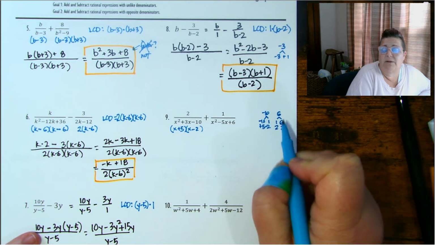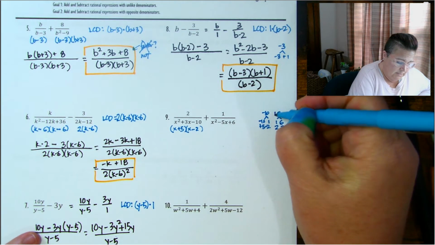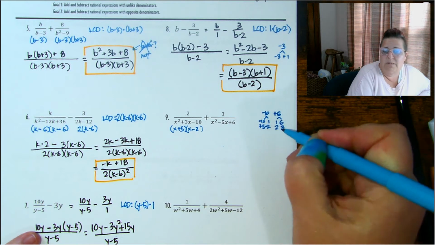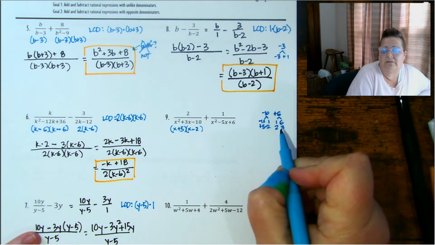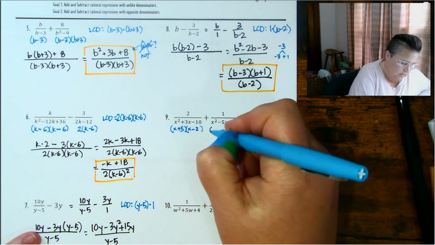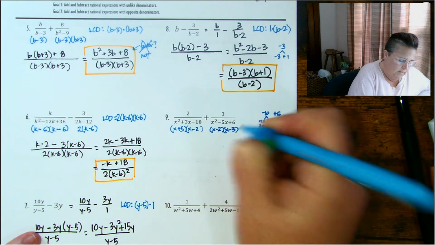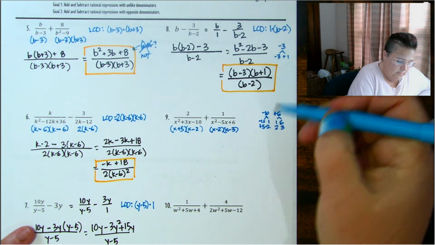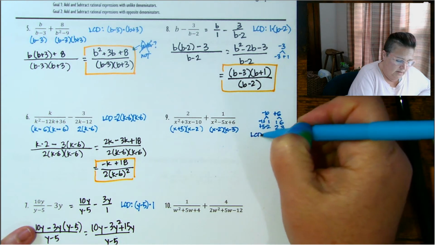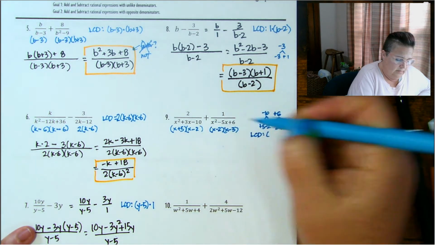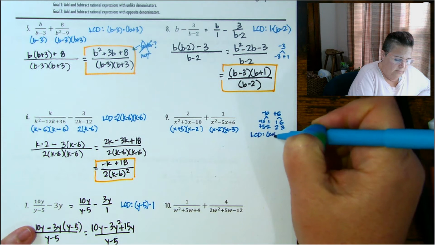And their signs would have to be the same because this is a positive 6, right? So my signs either have to be negative, negative, or positive, positive. And a negative, negative there works. So x minus 2, x minus 3. This means that my lowest common denominator is the x plus 5, x minus 2.